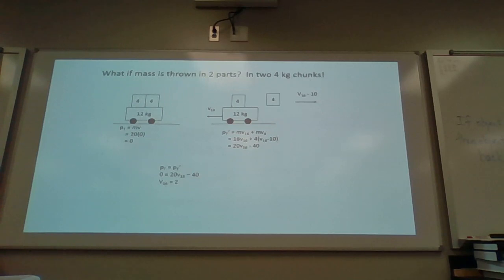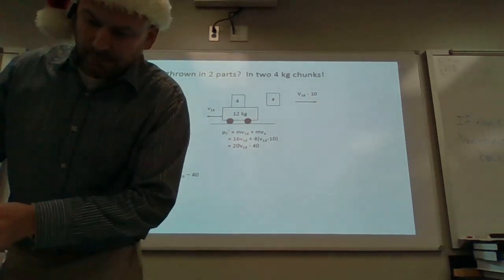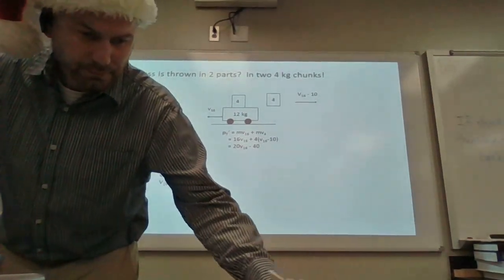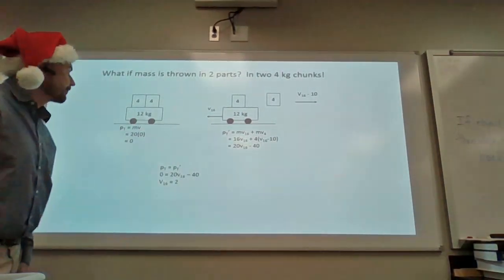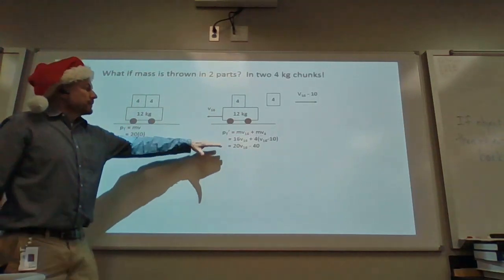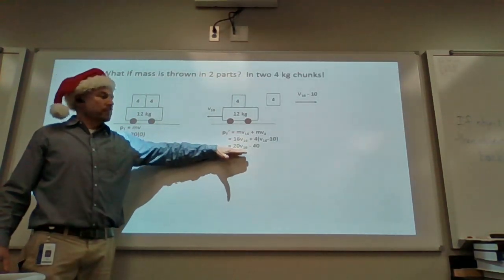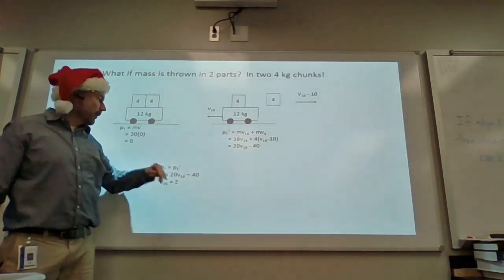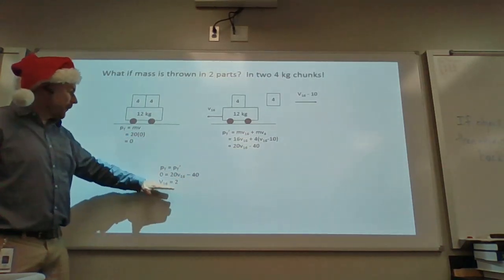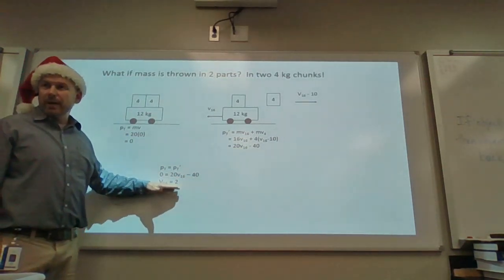Now, if we divide our load in half and throw 4 kilograms at a time, here's our initial throw. And we find it's now going 2 meters a second.